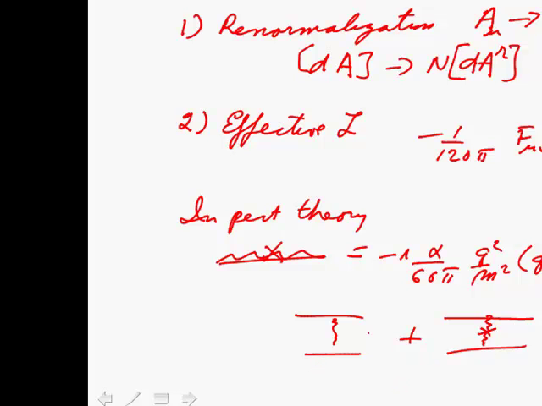First term would give you the usual piece. The second term, after a little massaging, gives you the Lamb shift, or a contribution to the Lamb shift, just like we did back when we did the vacuum polarization.